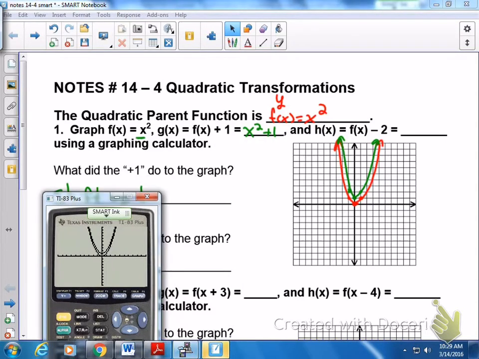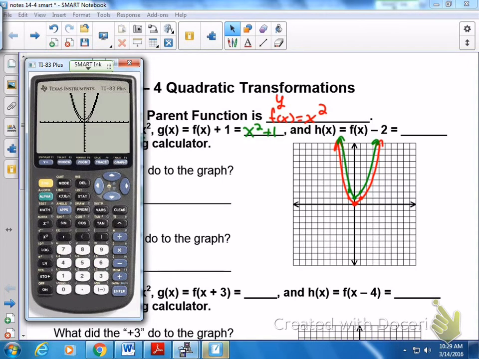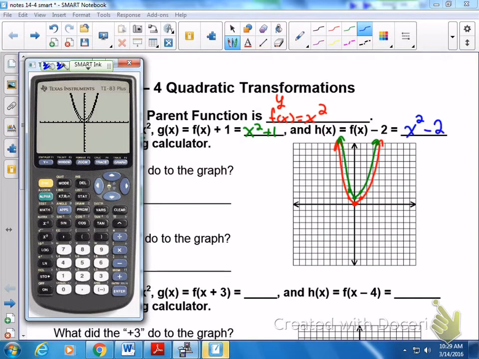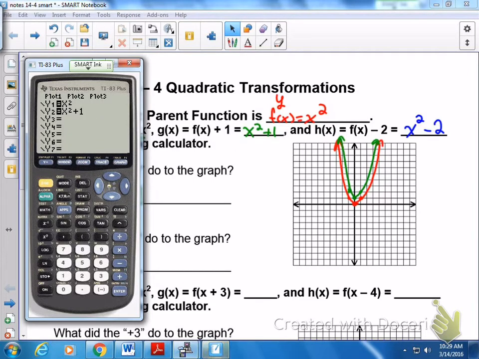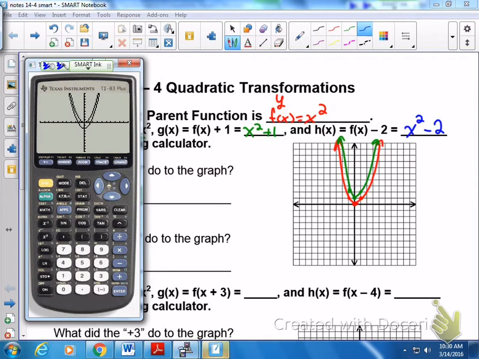It's a little bit different, not much. It says f of x minus 2. So it's saying f of x, which is x squared, but I'm going to subtract 2. So if we went up 1 when we added 1, we might go down 2 on this one. Let's check. So I'm going to change to x squared minus 2, and it's just like I thought. It's going to shift down 2 units. So instead of being at 0, 0, I'm at 0, negative 2.